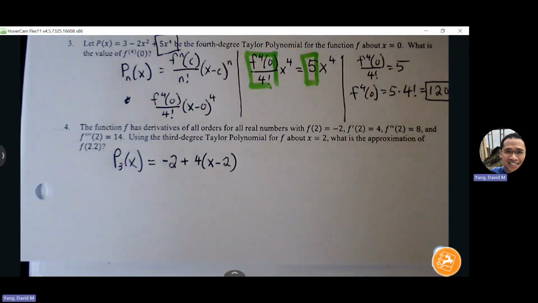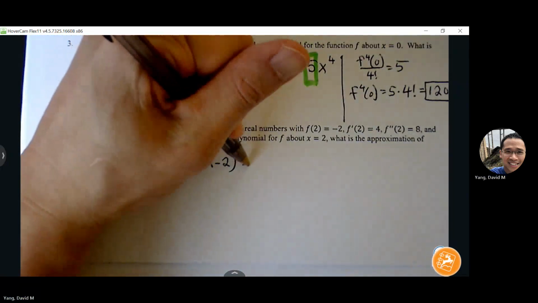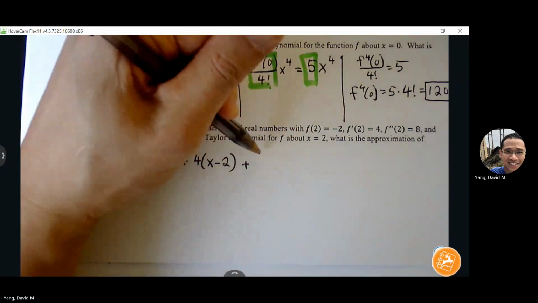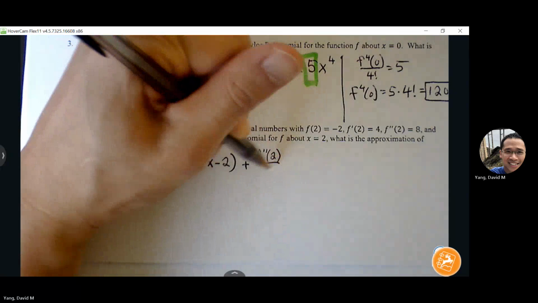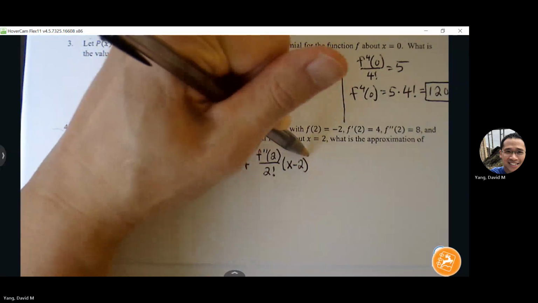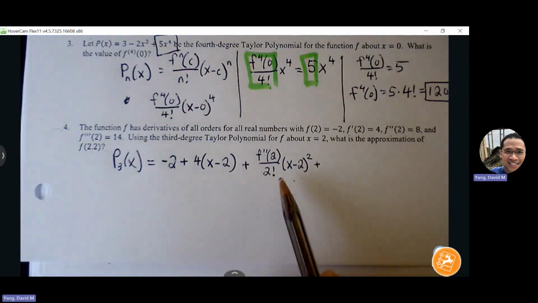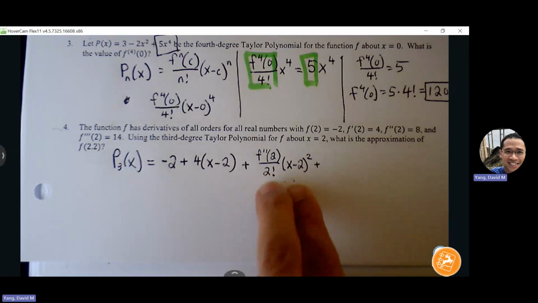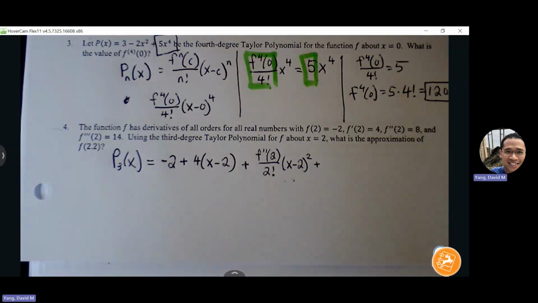And then from here, we can build the form with the factorial and the fractions. You can skip this step if you want. I just want to show you that ultimately we're using this form to help us find all the other terms.